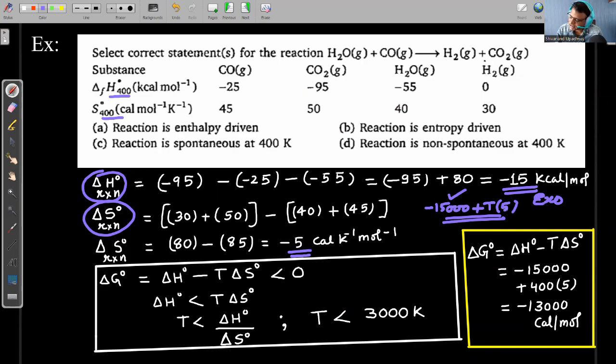When the entropy change is positive, then it is spontaneous at all temperatures. But when the entropy change is negative, then this term will be positive. So temperature will decide. So exothermic reactions are enthalpy driven processes and endothermic reactions are entropy driven processes.